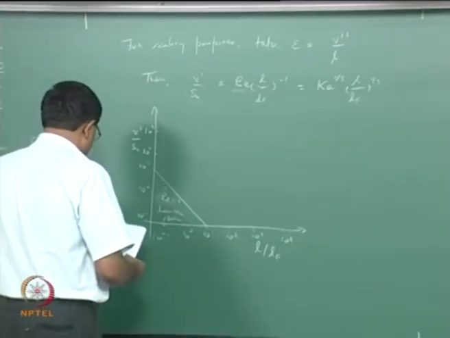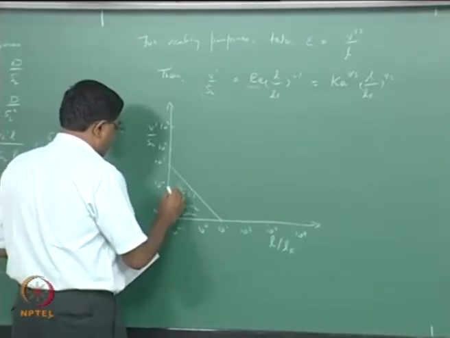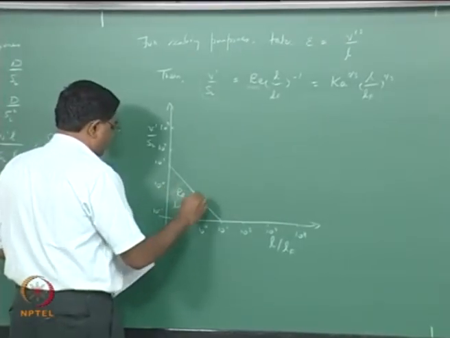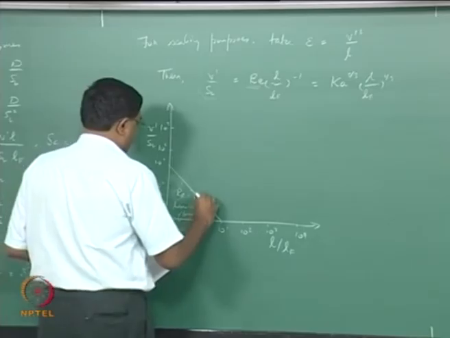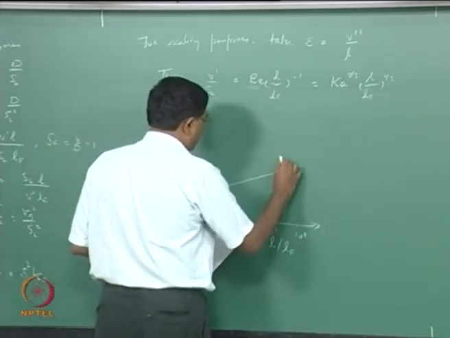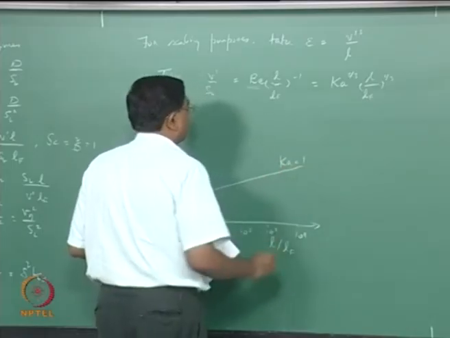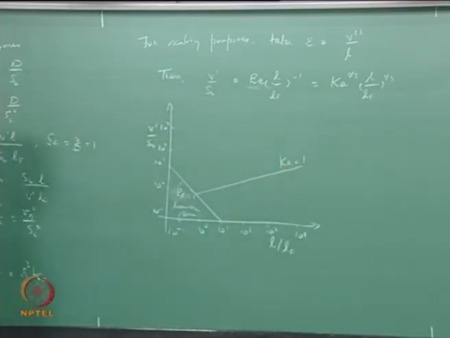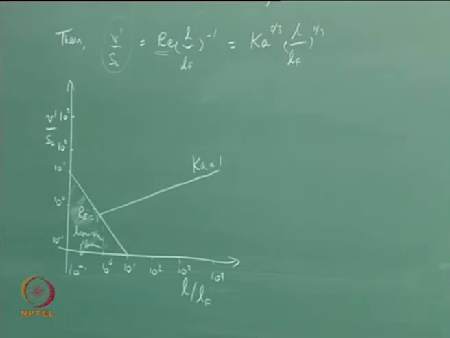So we start at this point corresponding to 1 over here, and draw the line Ka equal to 1. We now start from this point.